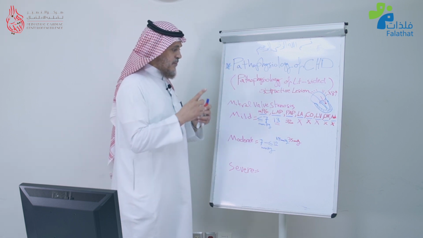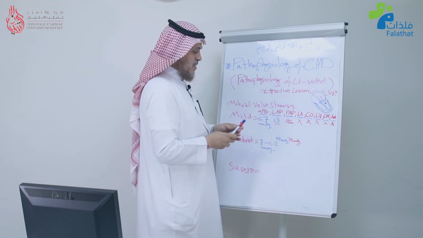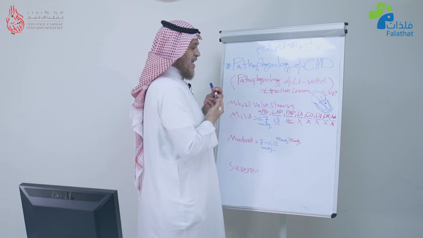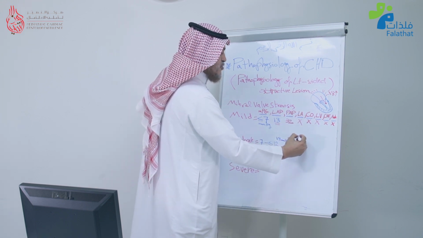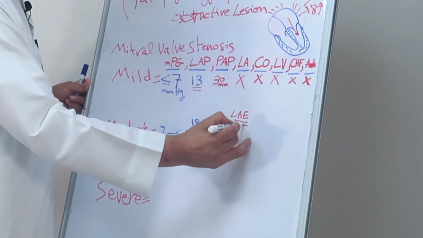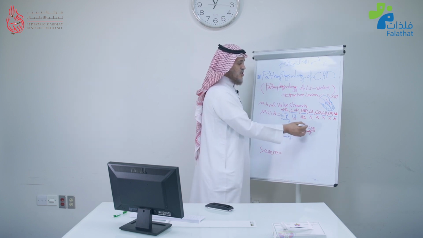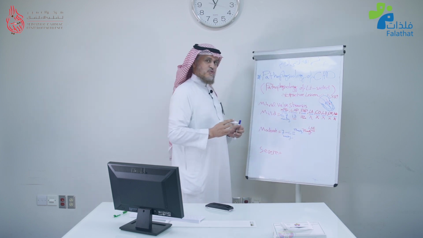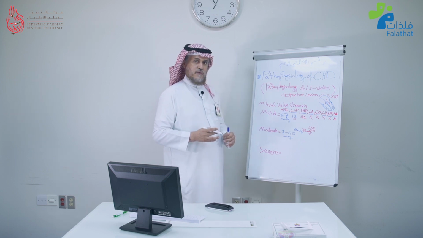And that's why here, because of this mean LA pressure of 18, we will start seeing at least mild to moderate left atrial enlargement. So there will be left atrial enlargement, yet it is not severe. It could be mild, maximum moderate left atrial enlargement because of such moderate mitral valve stenosis.